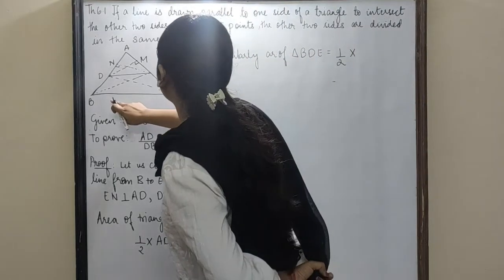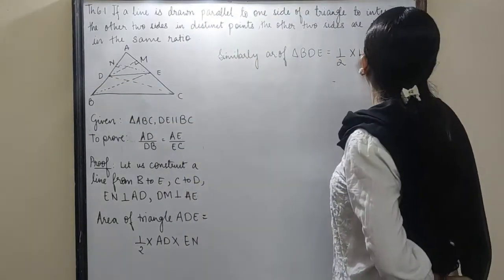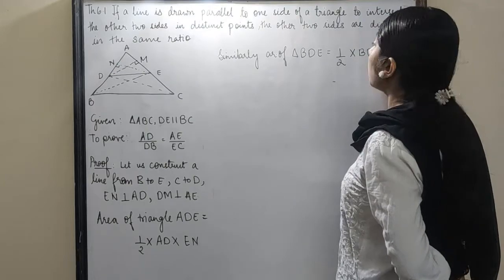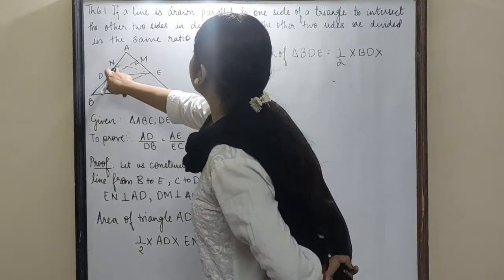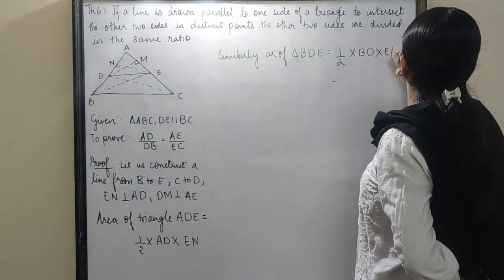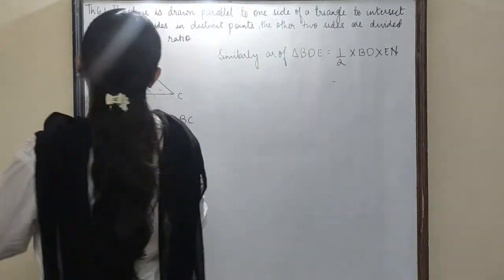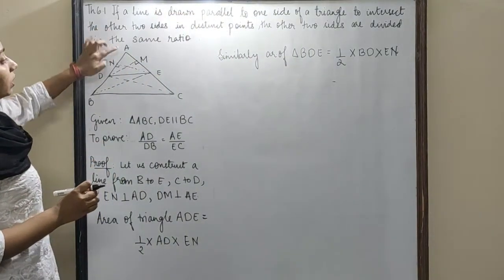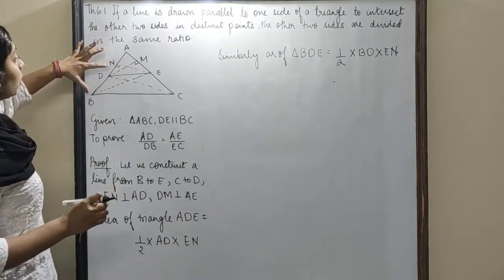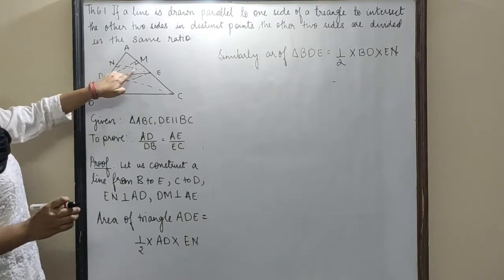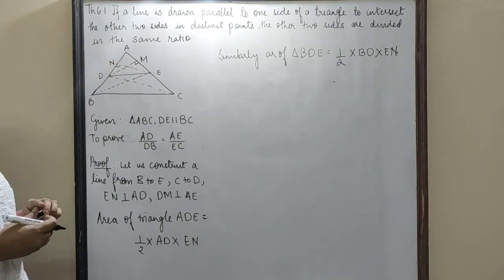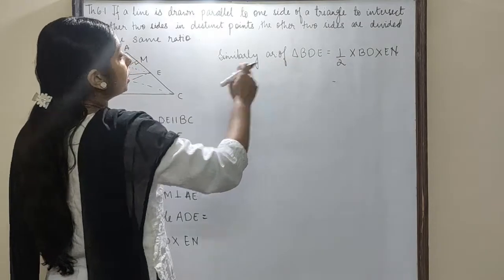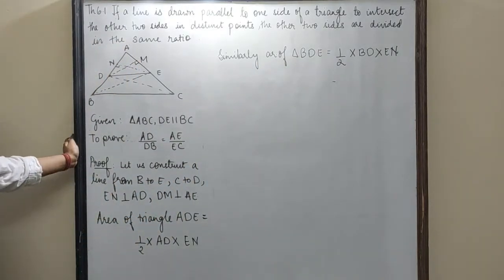Base we are taking as BD, okay? Half into BD into height is what, children? Height is EN, right? Doesn't matter if it is lying outside, the line is extending over here and hence this is the perpendicular. So for BDE, this is going to be the height, right? Similarly, area of triangle BDE is half into base into height.